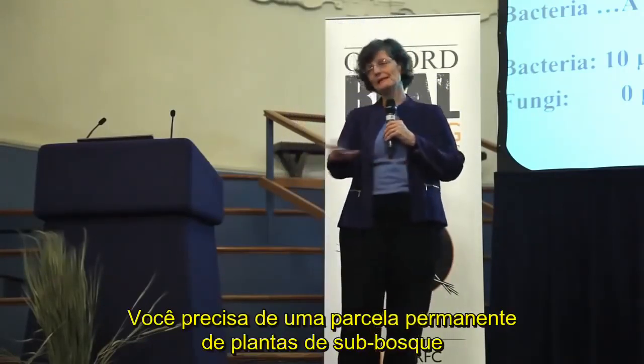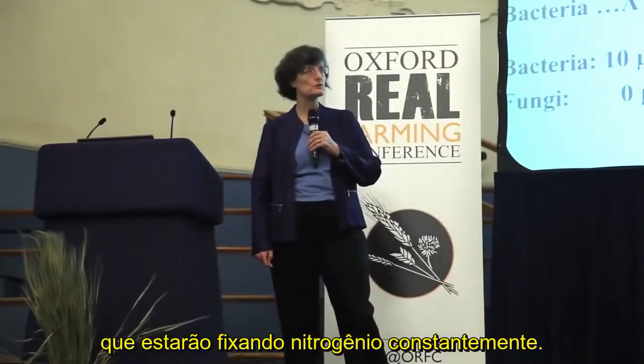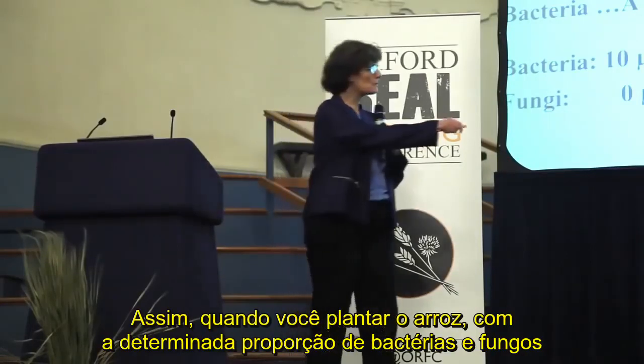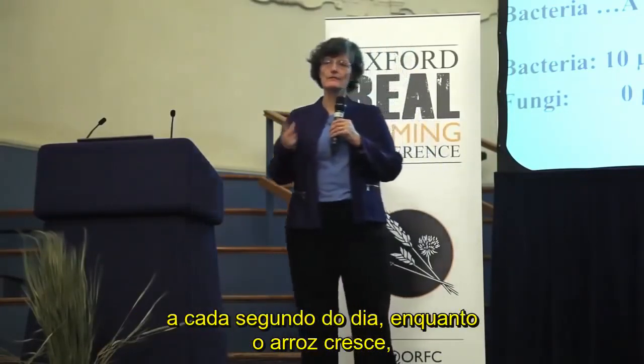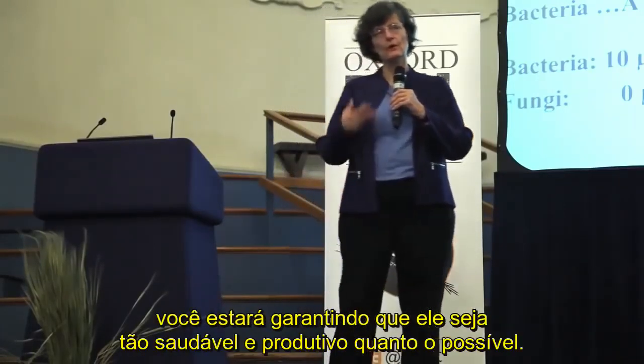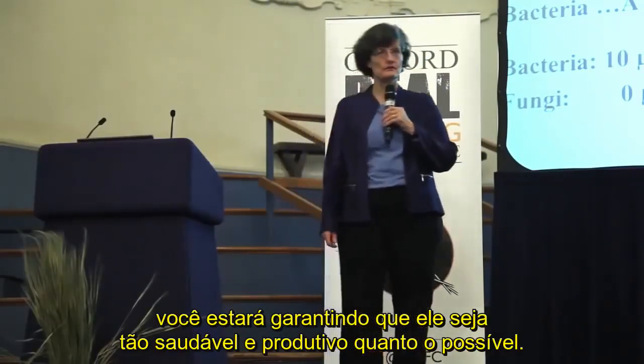You want a permanent understory set of plants that are constantly fixing nitrogen. So when you plant your rice in there, at this ratio of fungi to bacteria, every second of every day while that rice is growing, we're going to be making certain it's as healthy and as productive as it possibly can be.